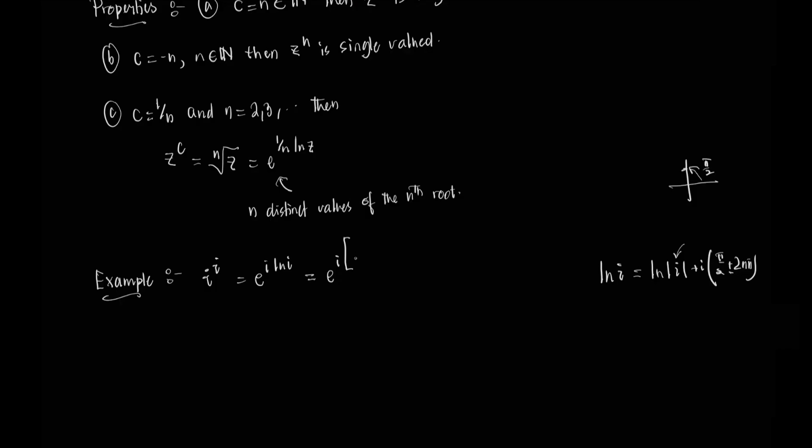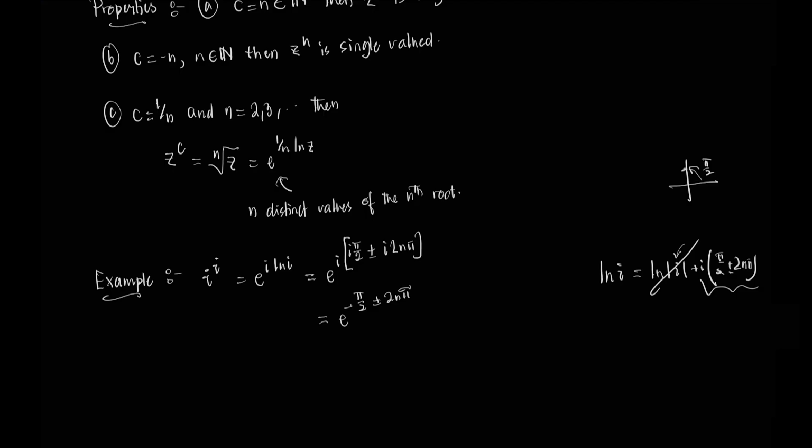So log i is i times pi by 2 plus or minus i times 2n pi. So this will give you e power i times i times pi by 2 plus 2n pi, which is e power minus pi by 2 minus 2n pi. These are all the values of i power i.